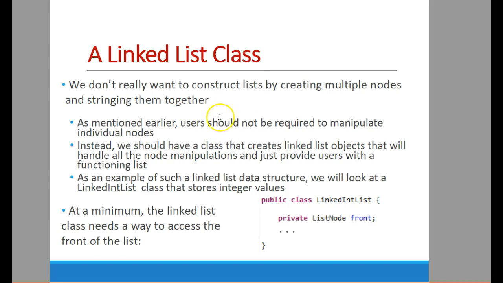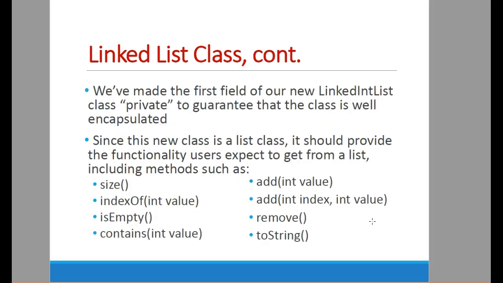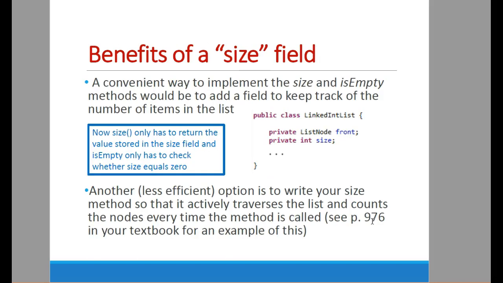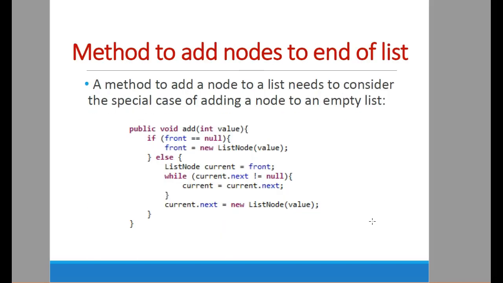So there's a linked int list class. I only use this for the reverse, and really the only difference is that there is a pointer to the front of the linked list. Other than that, it works pretty much the same. There's a bunch of functions you can use with the linked list class. There's of course size. I don't pay too much attention to these.